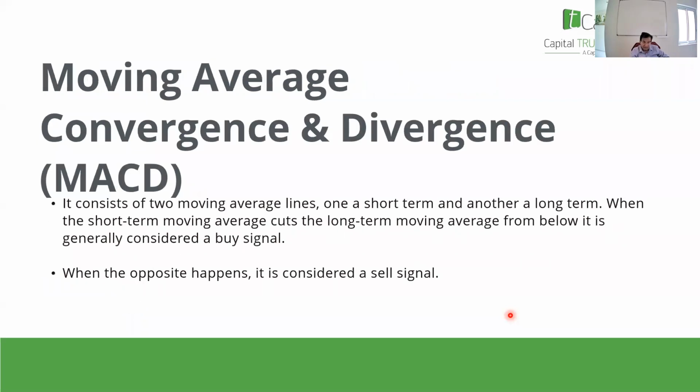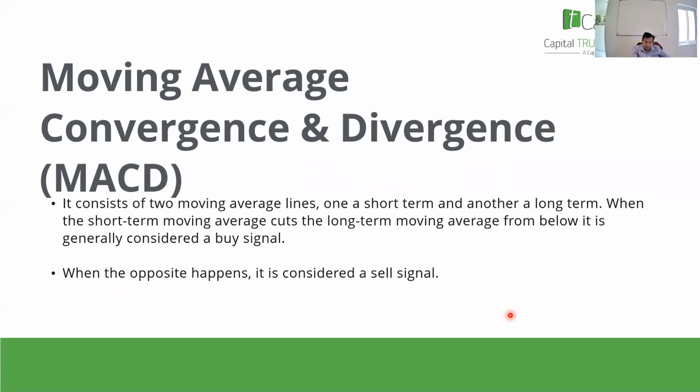Moving average convergence and divergence. There are 2 moving averages, one short term, say usually 20 period, and another long term, say 200 period.